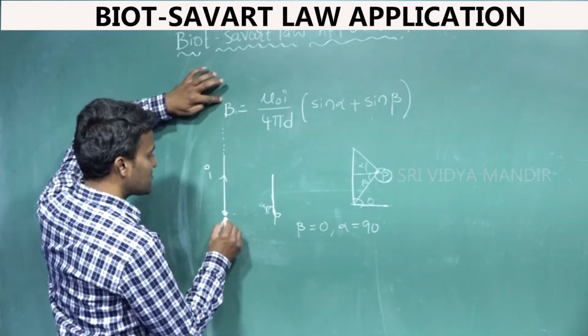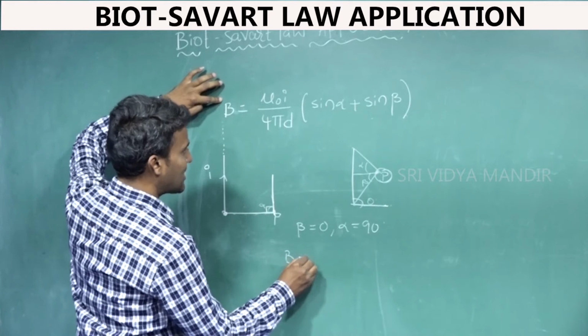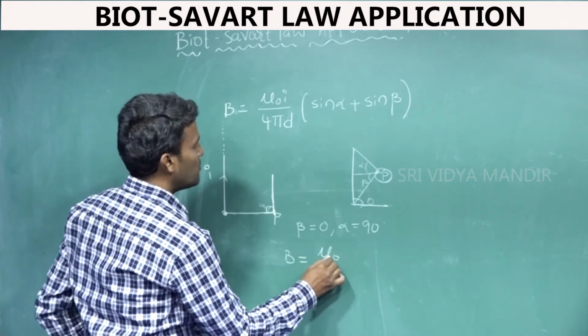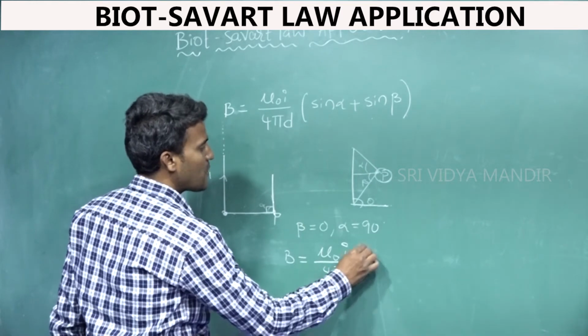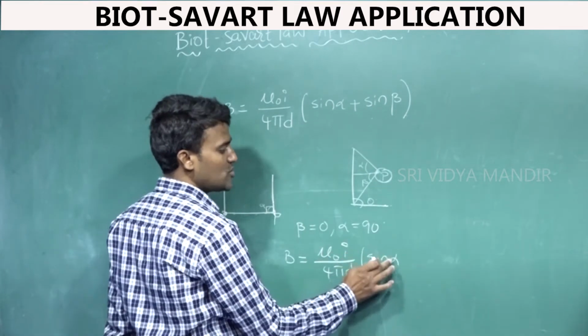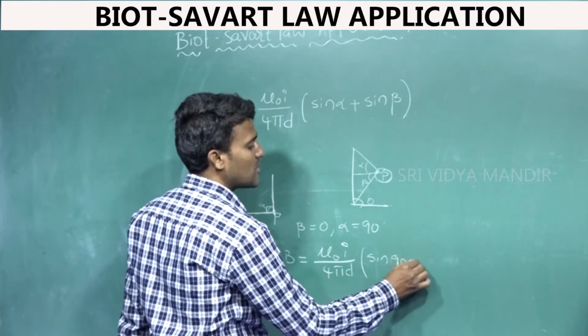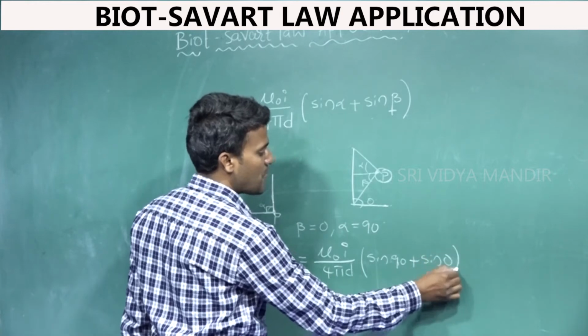Substitute in this formula: B, the magnetic field, is equal to mu naught I divided by 4 pi d into sine alpha plus sine beta. Alpha is 90, beta is equal to 0.